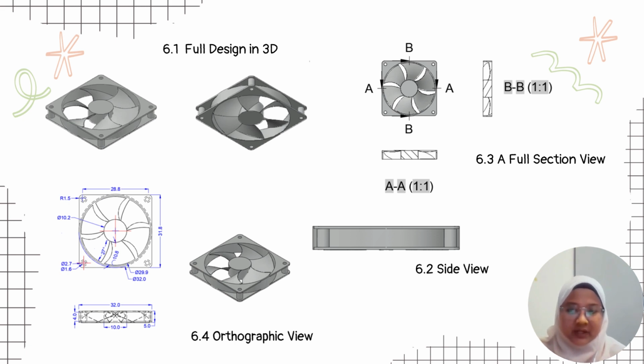I have provided an orthographic view where you can see the dimensions of our fan from the top and right side view. We also provide a full section view of our fan to allow for a clear and comprehensive visualization of internal details of our design.